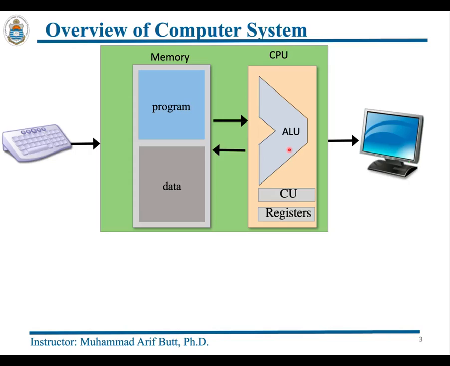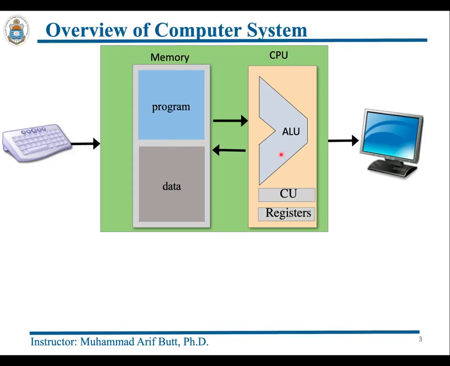The one thing inside the CPU we have not touched upon yet is this control unit. The control unit actually tells the computer memory, ALU, and these IO devices how to respond to the instructions that have been sent to the processor.